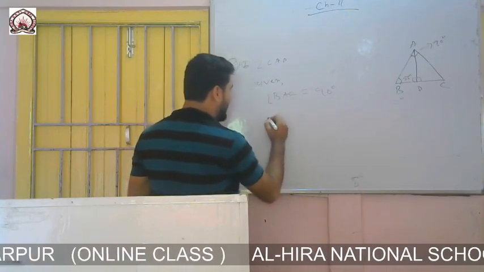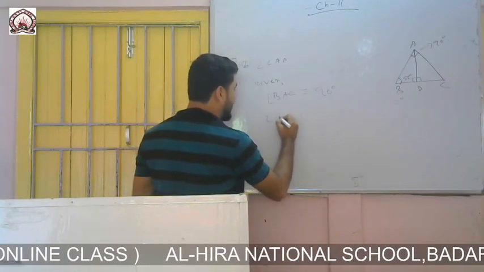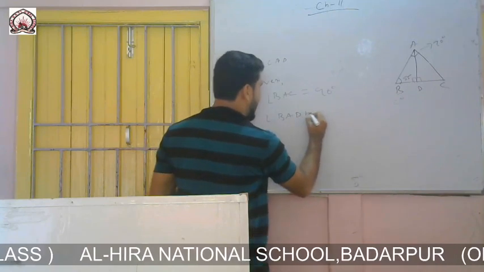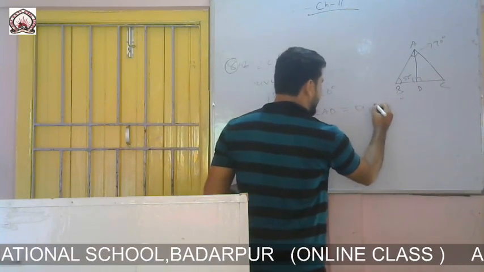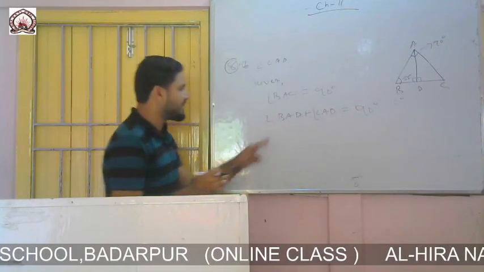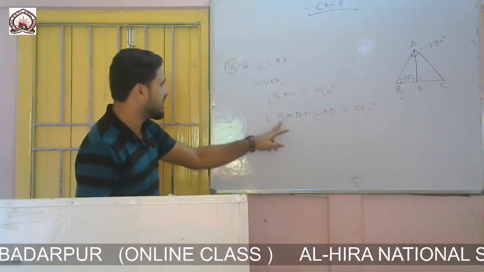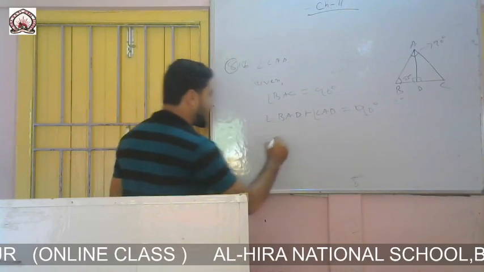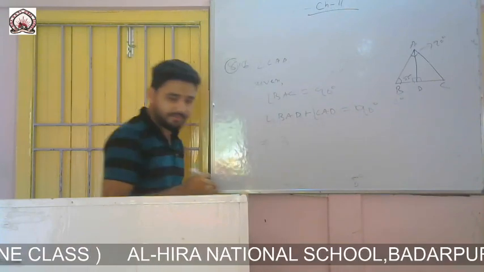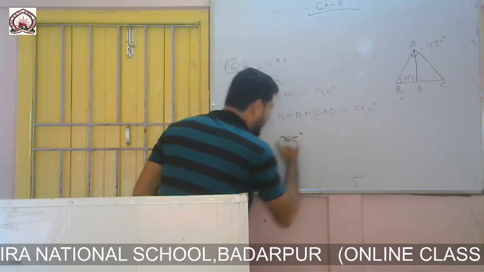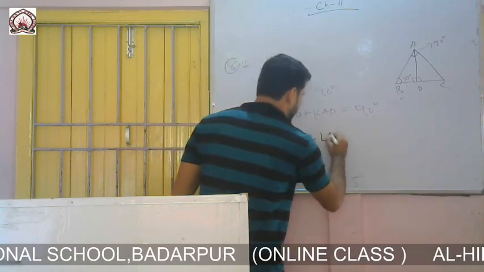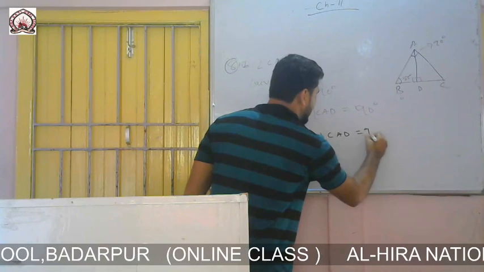So in place of BAC, if I break, then I will get BAD plus CAD equals to what? 90 degree. In question number 1, I have found the value of angle BAD, that is 35 degree. So we can find angle CAD.